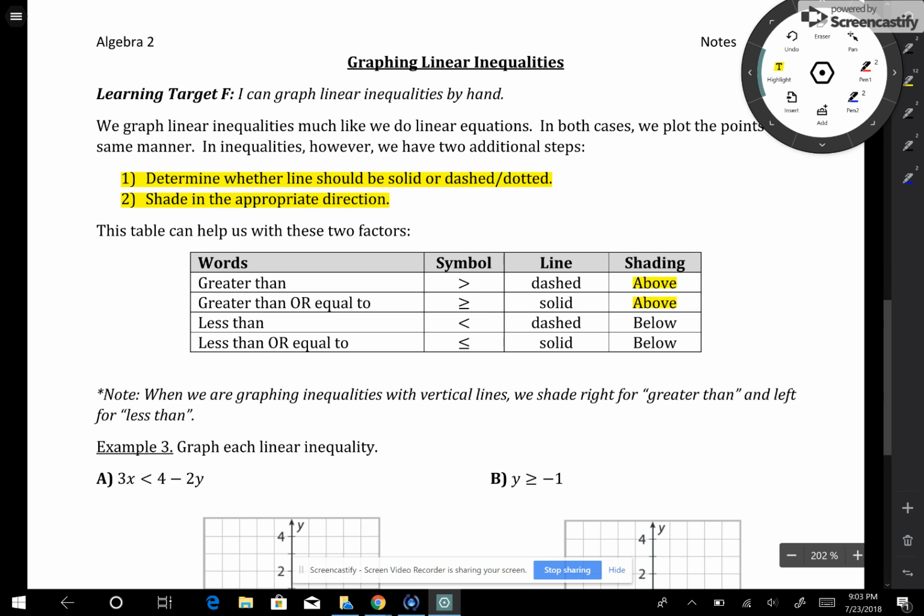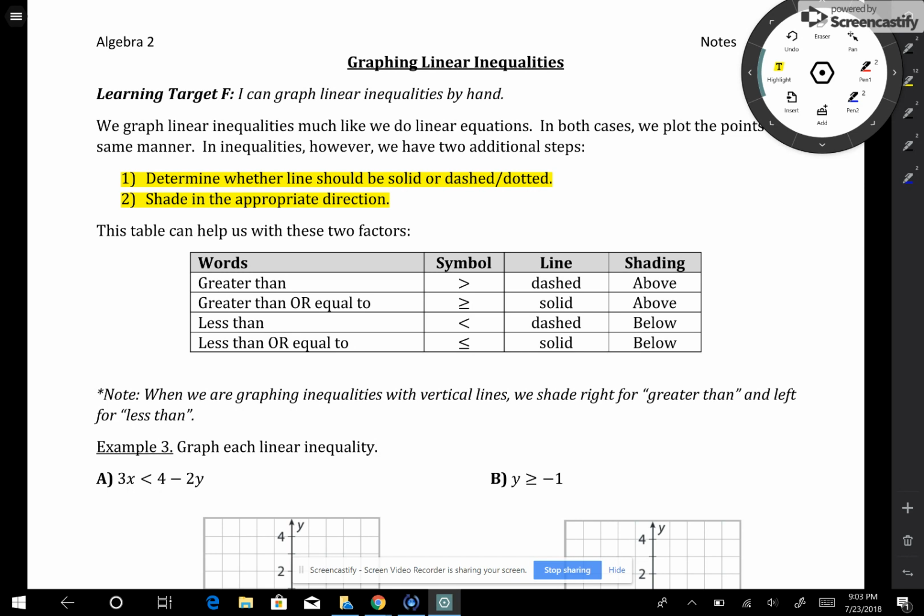If we have less than or equal to, that means the values are less than, we shade below the line, okay? Now, when we determine what type of line to draw, whether it's gonna be solid or dashed, that's when we look at whether it's just plain greater than or less than, or whether it has the or equal to on it.